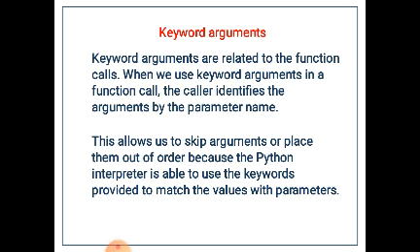Since we are able to understand that Python only makes use of call by reference, here the caller function identifies the arguments by the parameter name. So this allows us to skip arguments or place them out of order because Python is able to use the keywords provided to match the values with parameters.